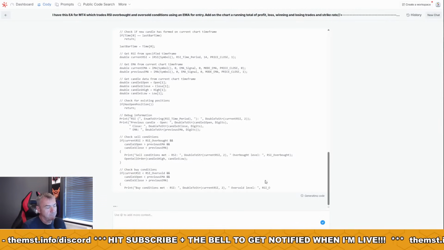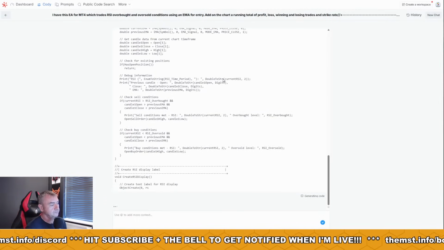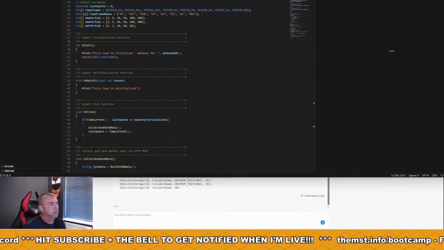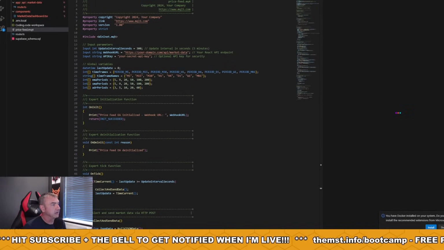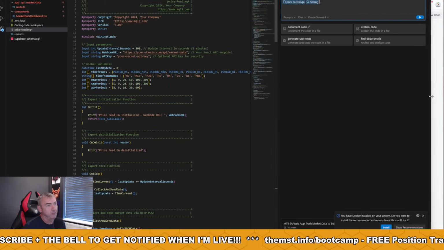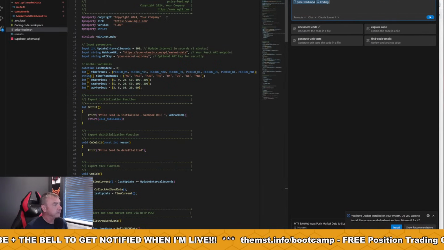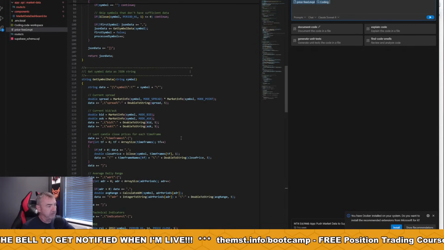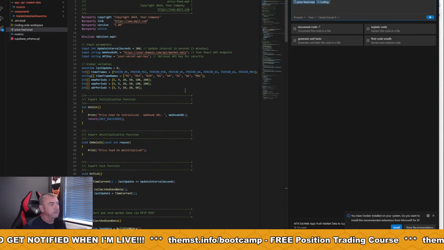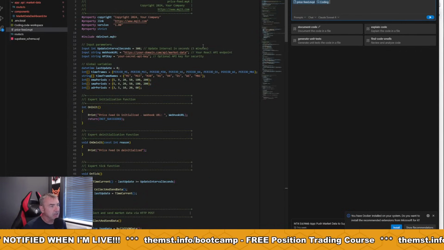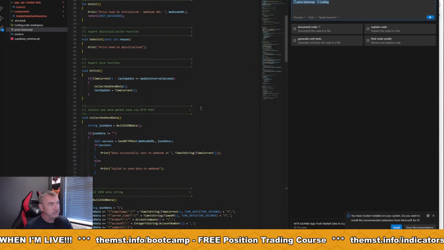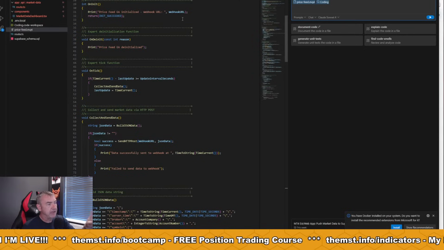So I use a platform called Visual Code. So this is basically a piece of software, if you like, and this is an EA that I'm building at the moment, which is a price feed EA. But basically what this does is it is an advanced version of this, where it will have context.